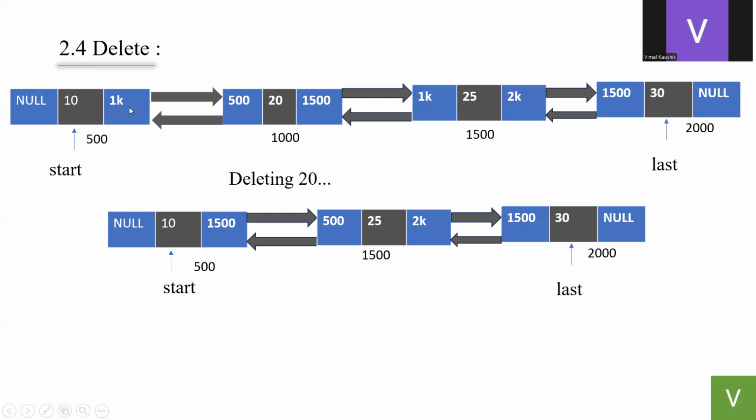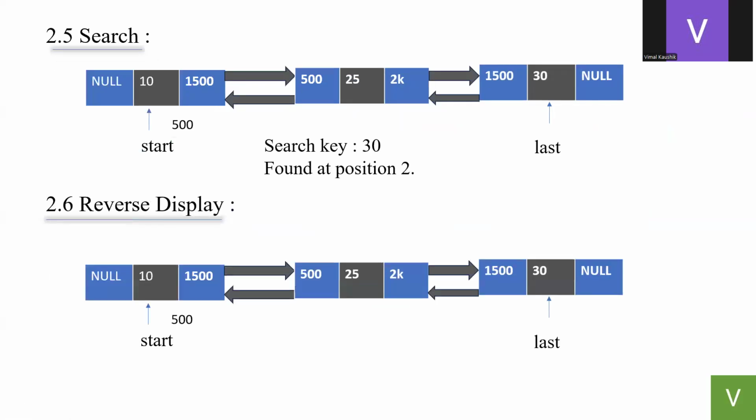So the next link of the previous node should be 1500. Whereas for the node containing address 1500, the previous link will be 500. So while deleting, we perform three operations. First one, we will delete using free, and we will change two pointer variables. This is about delete operation.